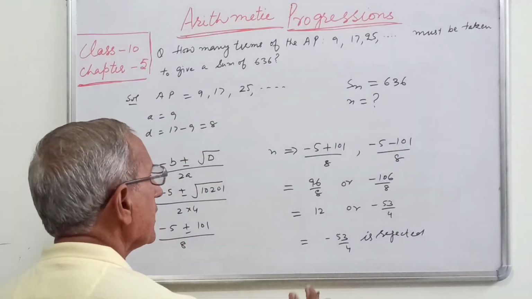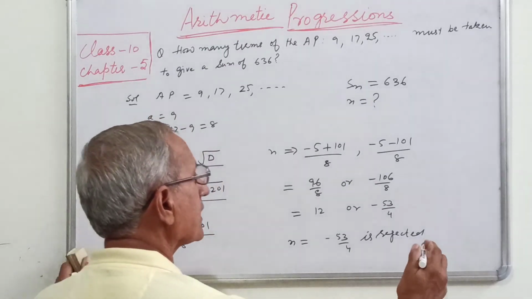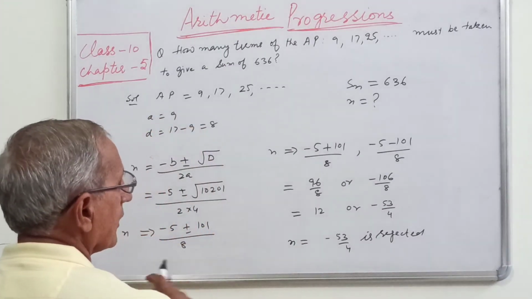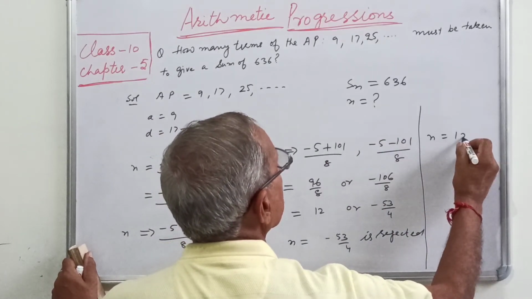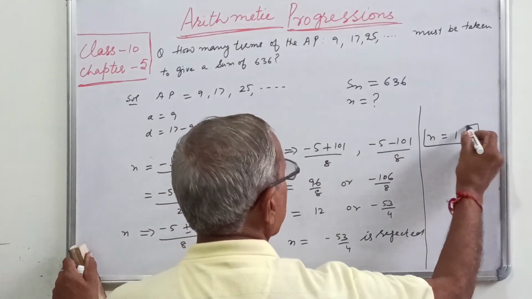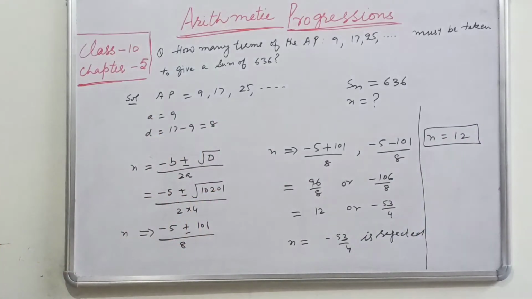So n is equal to minus 53/4 is rejected being a negative term. So therefore the accepted value of n is 12. So this is the answer for the question. So n is equal to 12, that is it.